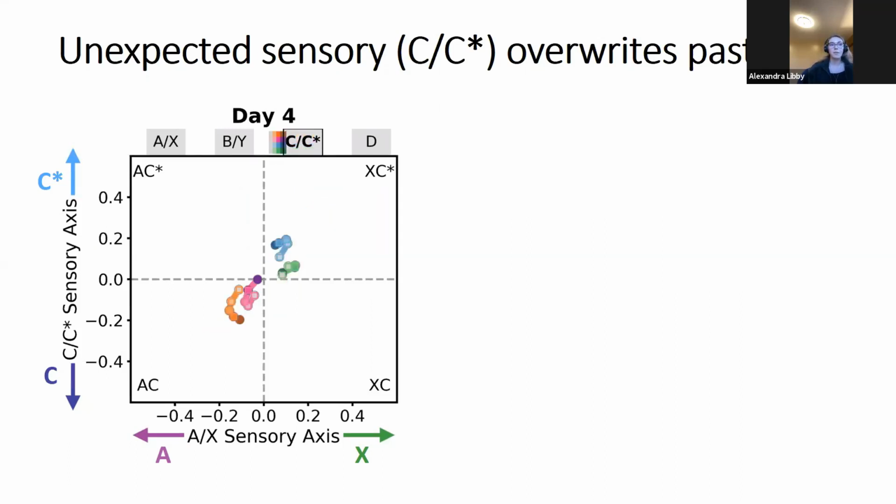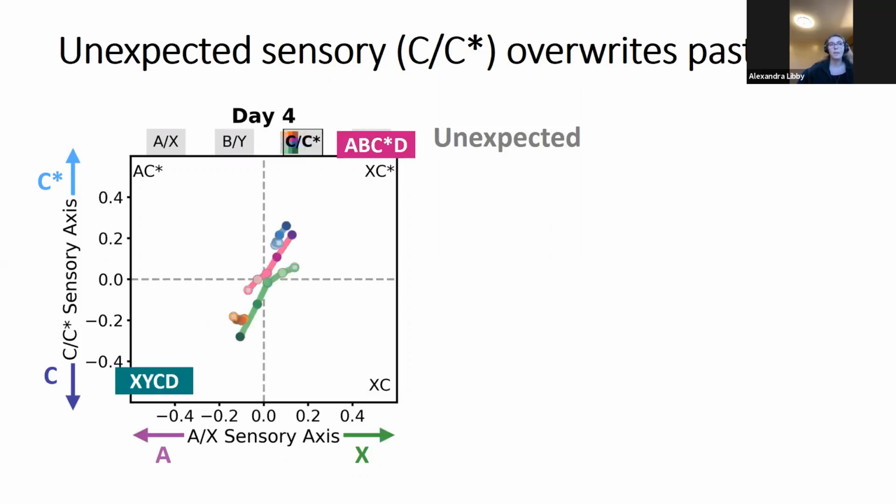And basically what you'll see is that when, for example, C prime comes on unexpectedly, in other words, the sequence started with A, the population was initially correctly encoding A, and then it crosses over to encode X when C prime is played.